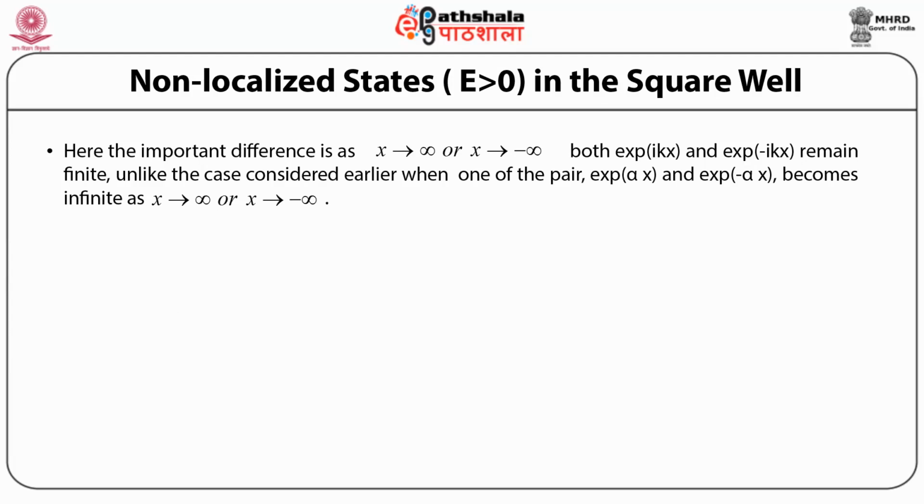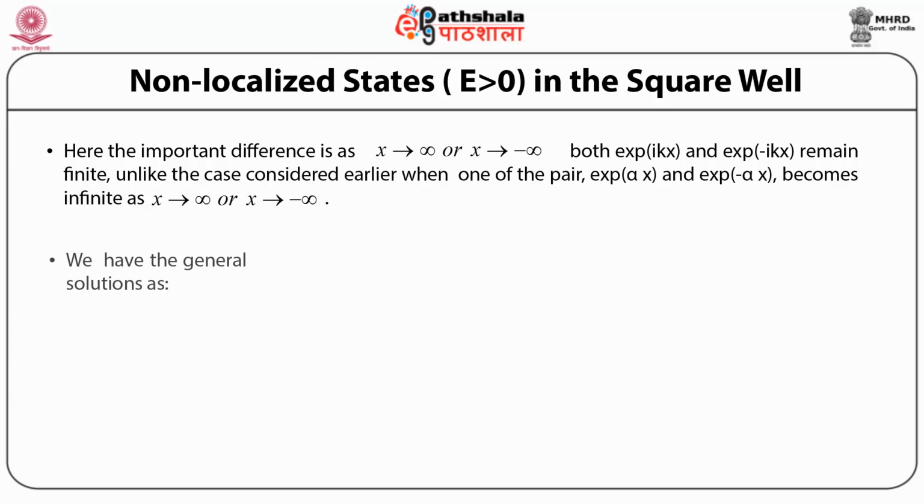Here, the important difference is as x tends to infinity or x tends to minus infinity, both exponential iota kx and exponential minus iota kx remain finite, unlike the case considered earlier when one of the pair, exponential alpha x and exponential minus alpha x, became infinite as x tends to infinity or minus infinity.